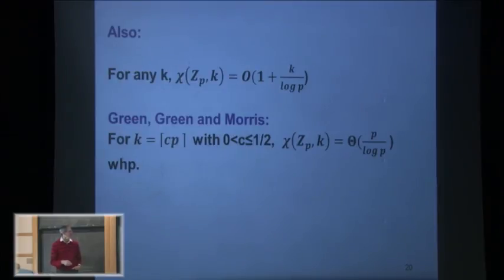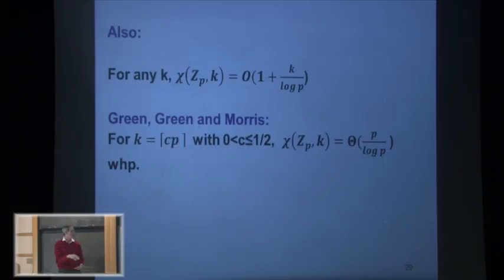And then there is a result by Green, and a more recent, more accurate result by him and Morris, that for k which is really a constant times p, so for very dense graphs, the chromatic number of ZP with respect to k random generators is indeed a constant times p over log p.